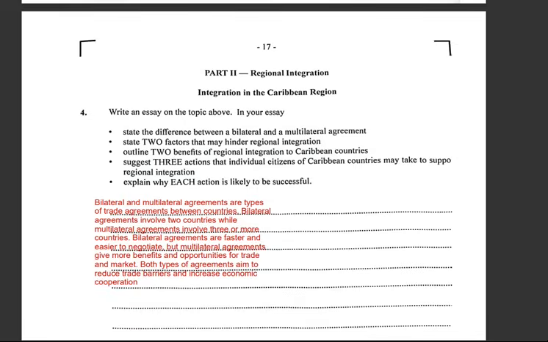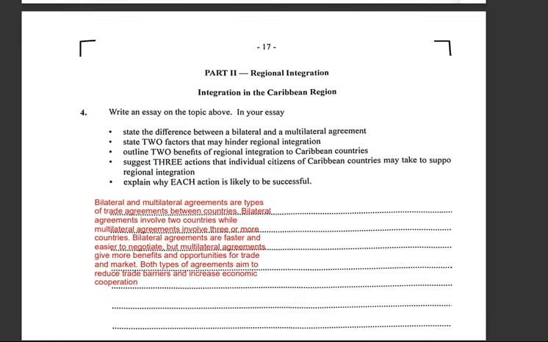Bilateral agreements involve two countries, while multilateral agreements involve more than two countries. Bilateral agreements are faster and easier to negotiate, but multilateral agreements give more benefits and opportunities for trade markets, and both types of agreements aim to reduce barriers and increase economic cooperation.